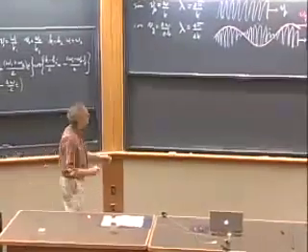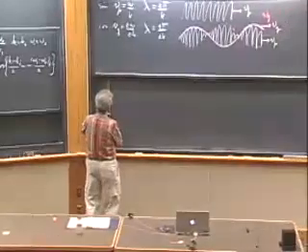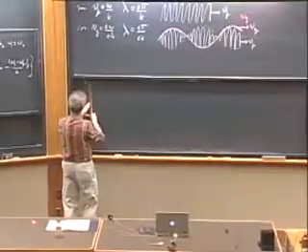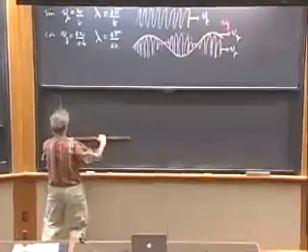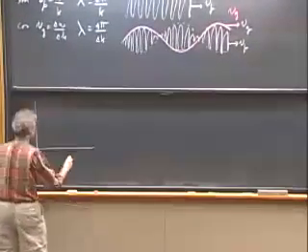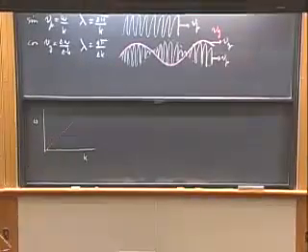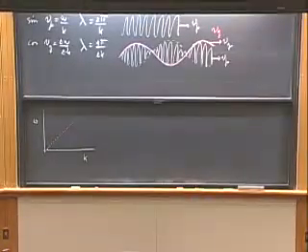I'll make you an omega-k diagram of a non-dispersive medium, which is very boring. So this is omega versus k, and this is a non-dispersive medium. Straight line.